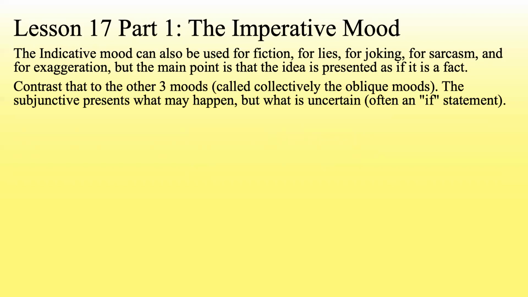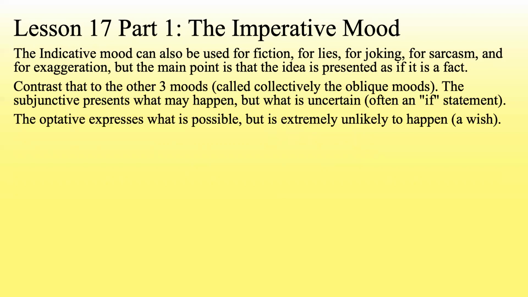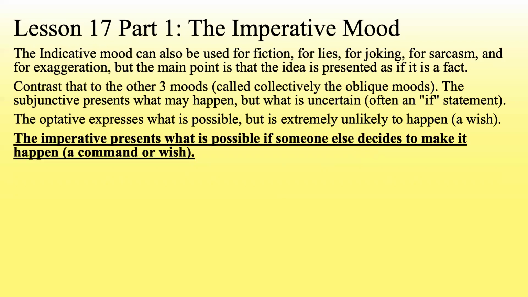Contrast that to the other three moods, called collectively the oblique moods. The subjunctive presents what may happen, but what is uncertain, often an if statement. The optative expresses what is possible, but is extremely unlikely to happen, a wish. This is even further removed from reality than the subjunctive.